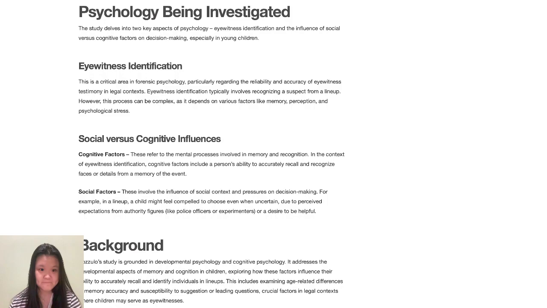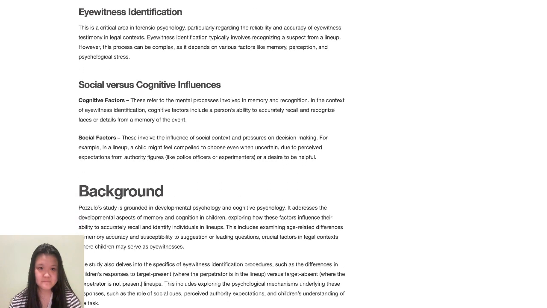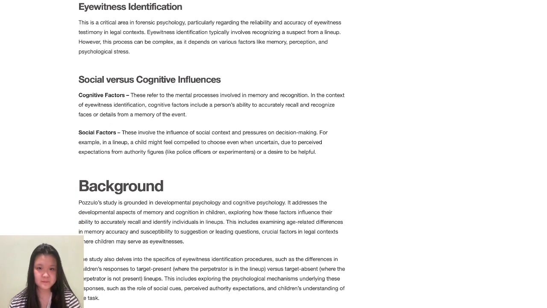I think situational factors, because with children they may feel pressured. They may feel there is a right and a wrong answer, so they might just feel pressured to choose, and it may not be accurate.